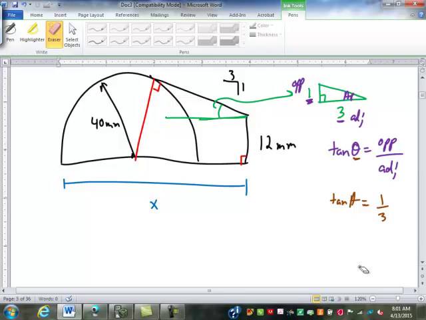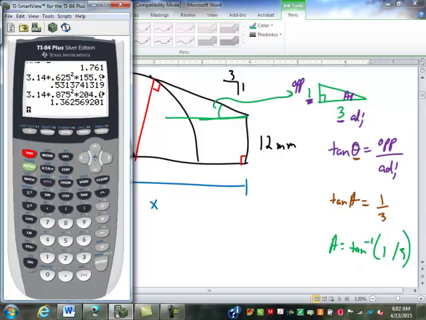So that's all I need to know to figure out the trig function here. So to find that missing angle, it's the inverse tangent of 1 divided by 3. So second tangent, 1 divided by 3 equals, and I get 18.43 degrees.